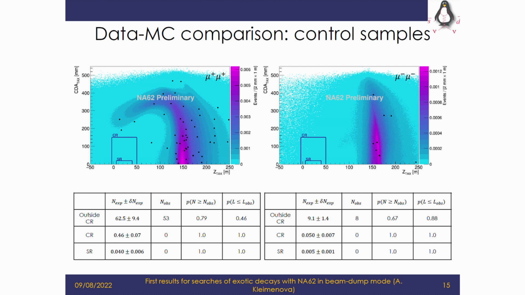And you can see that the black dots on the plot is data. And basically in these tables, I show you the numbers that we see outside control region, so everywhere, inside control and signal regions for both of these scenarios. And you can see that agreement is pretty nice in both cases.